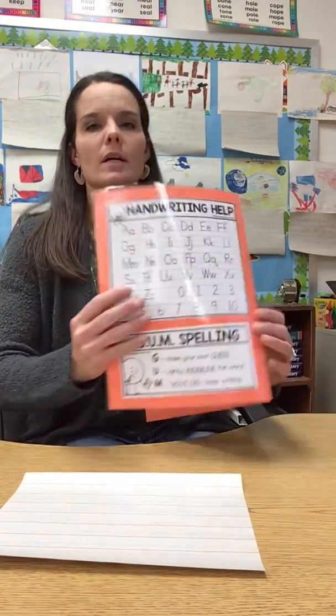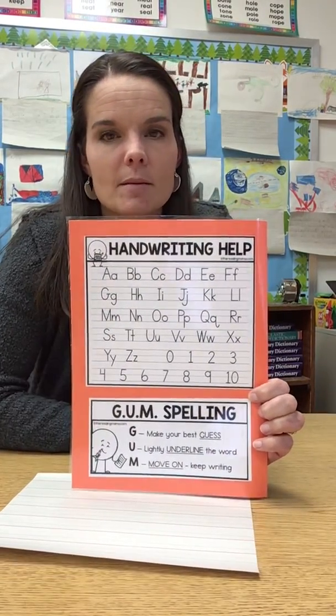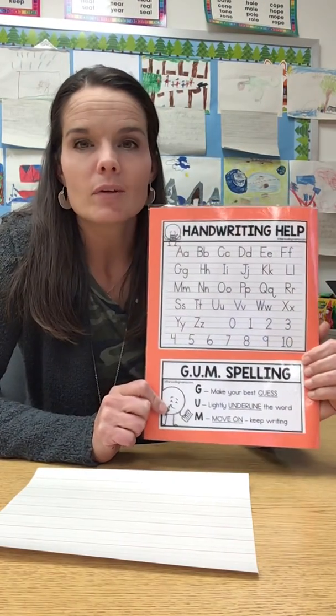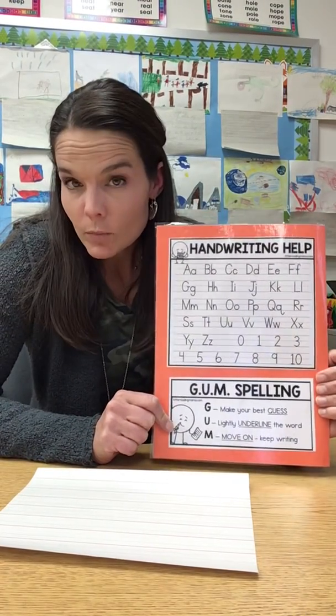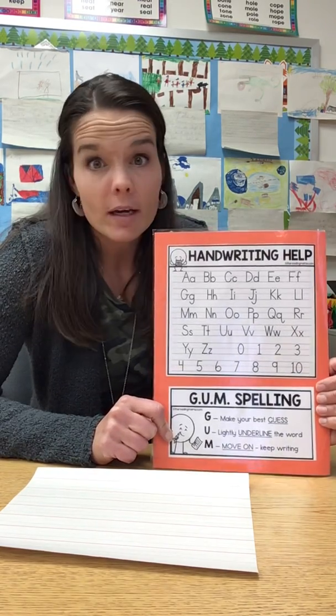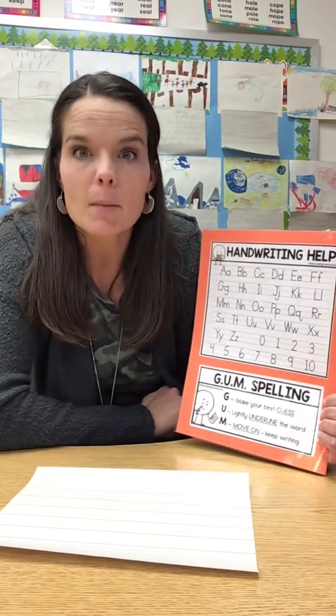On the back here is just another little helpful tool if you're not sure how to write some of those letters of the alphabet. And down here kind of tells you what to do if you get stuck on a word. So I know I sent you home your spelling folder, but just in case you're writing along and you don't know how to spell a word and there's not an adult there that can help you, we can do something called gum spelling.